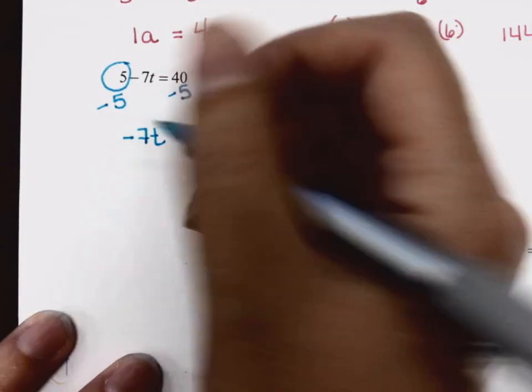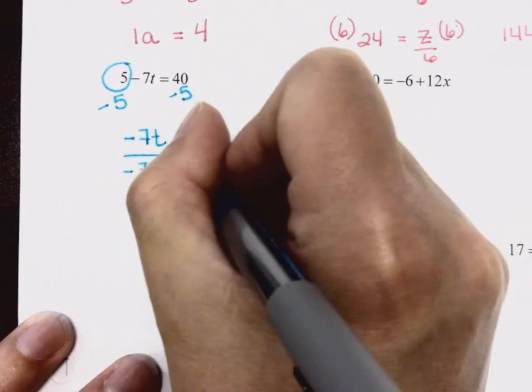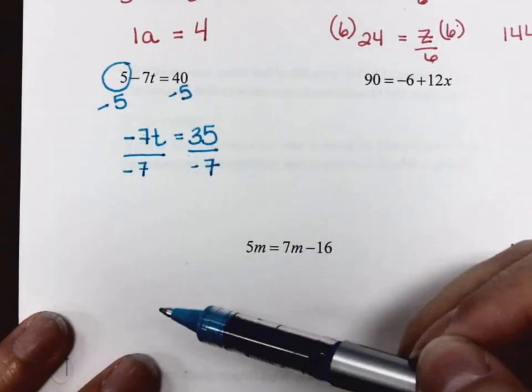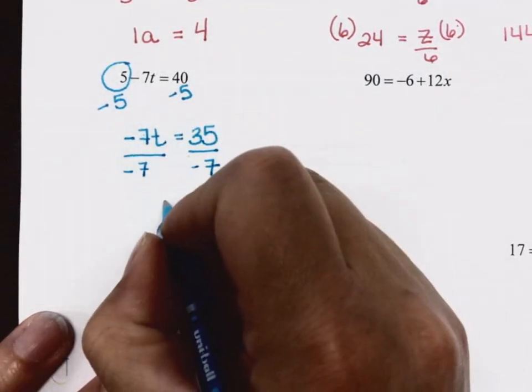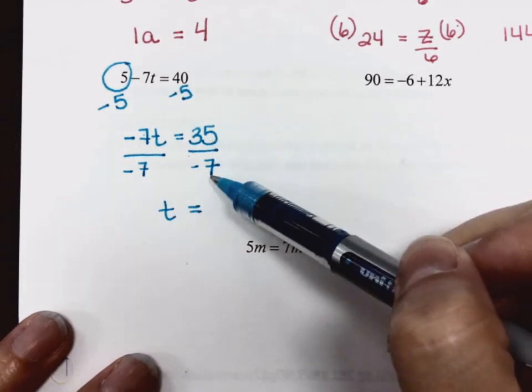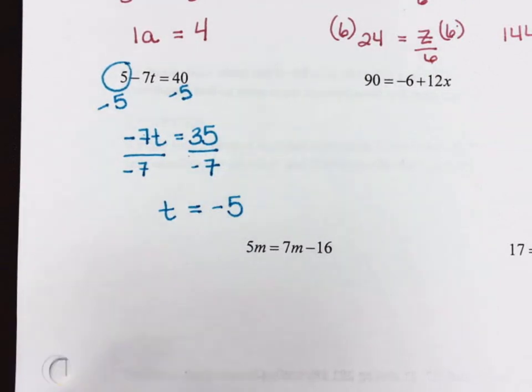Multiplication. So we need to divide, but we're going to divide by a negative 7. So negative 7 divided by negative 7 is still 1. So I'm left with 1t on this side. And 35 divided by a negative 7 is a negative 5.